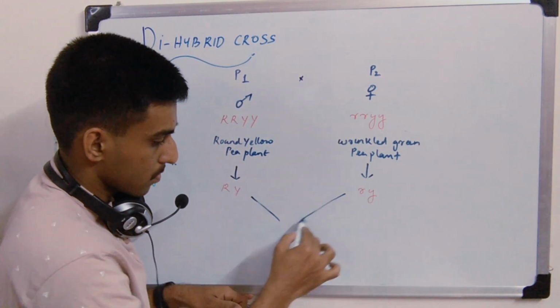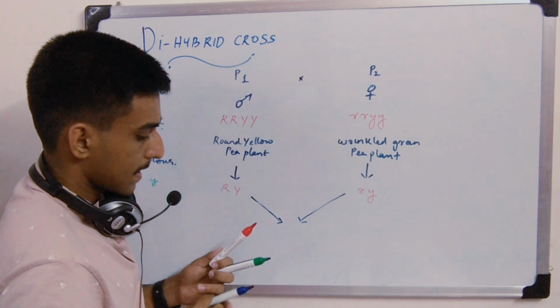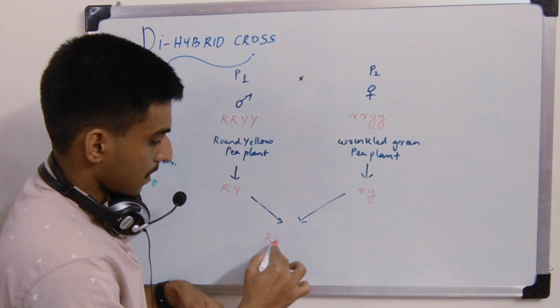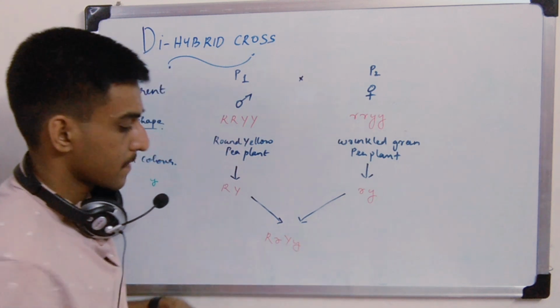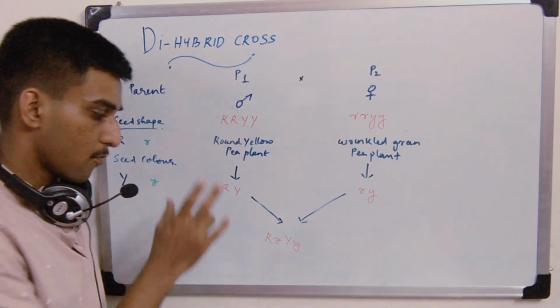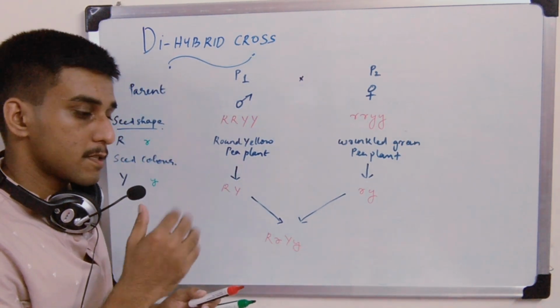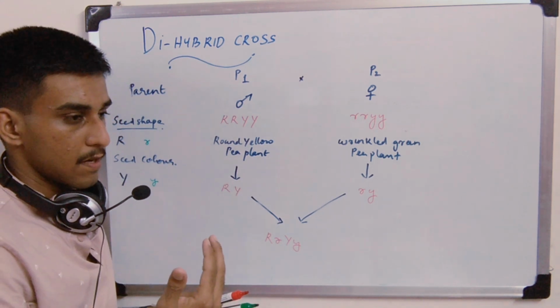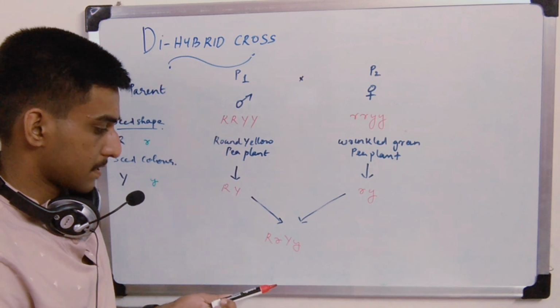These fuse and form capital R, small r, capital Y, small y. This is the first filial generation, the F1 generation.